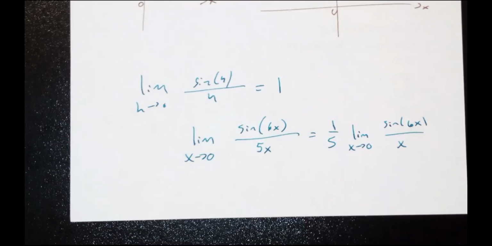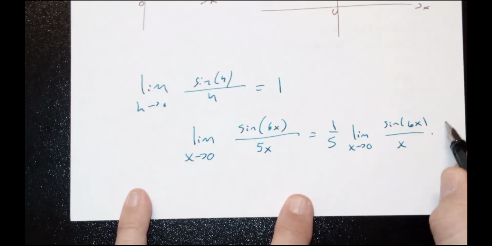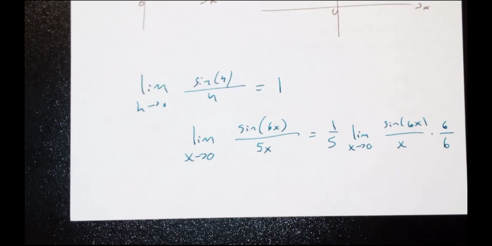So what if I don't take it out, but I put it in? Let's multiply by 1 again. But the 1 I'm going to multiply by is 6 over 6. 6 is a constant, yes? On the top, take that constant out front.